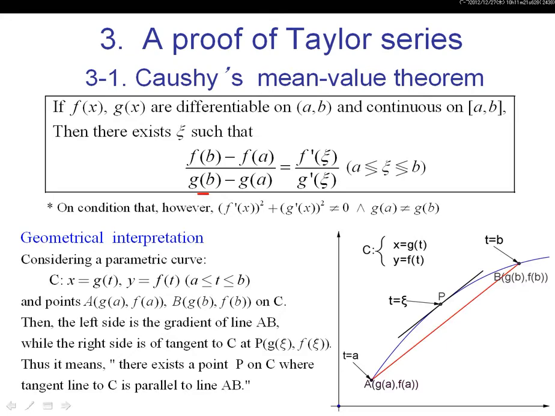Then the left side of this equation is the gradient of the line AB, this one. And the right side is, by the theory of differentiation, the tangent at P. So this theorem means that there is a point on C where the tangent line is parallel to line AB.